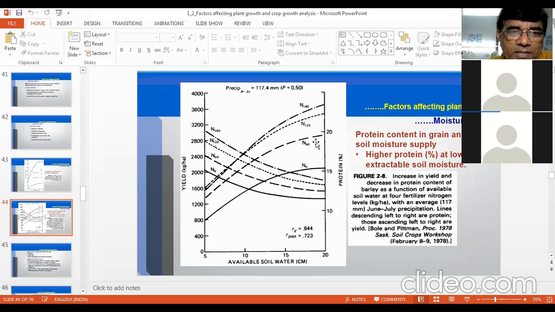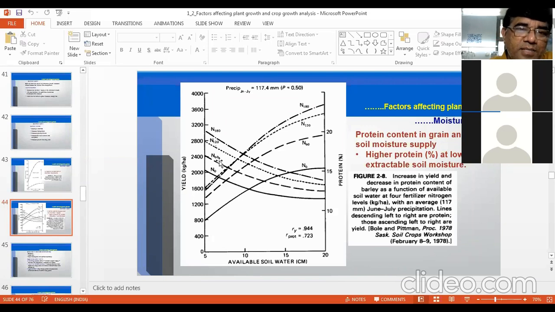And another point is that the water availability is increasing towards the right side, and you can also see the yields are increasing. So water supply is increasing the yield, and increased nitrogen supply is also increasing the yield.